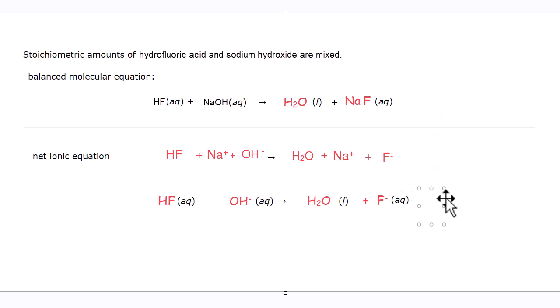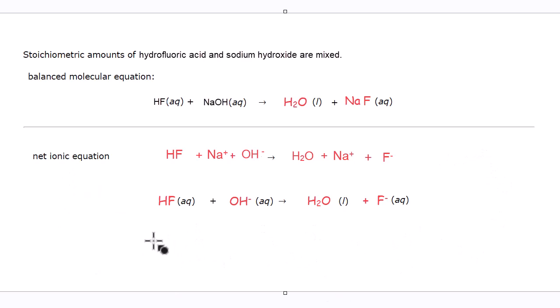3 methods of showing what's happening. The, I think, most exact one is the full ionic equation because it keeps track of all the ions and molecular substances. The molecular equation is pretty complicated too, but it really doesn't tell you about what's ionized. Here, the net is, this is the stuff that's really reacting. So if you're interested in the reaction itself and not worried about spectators, this is the simplest way of showing it.